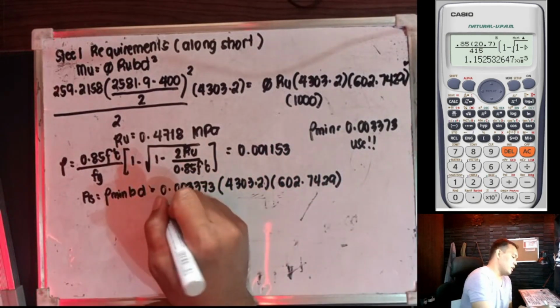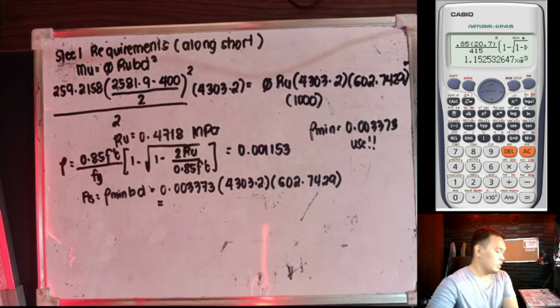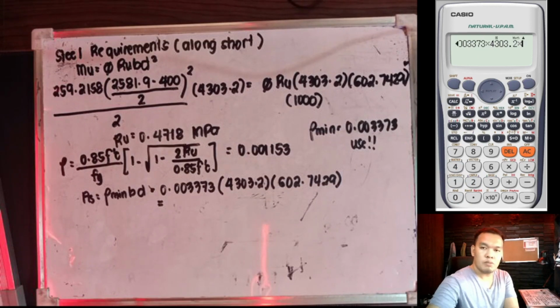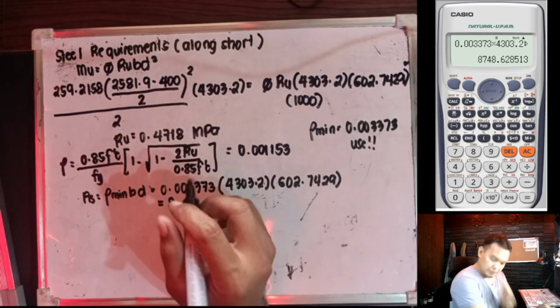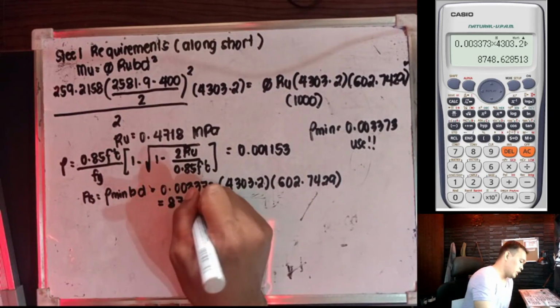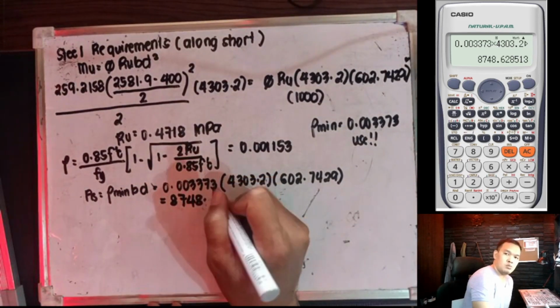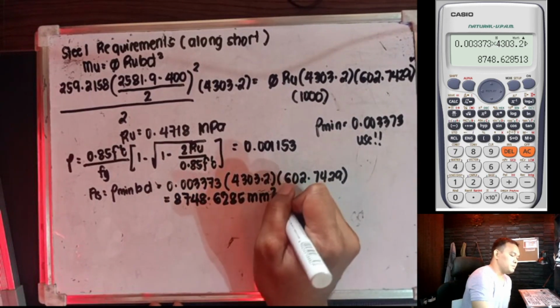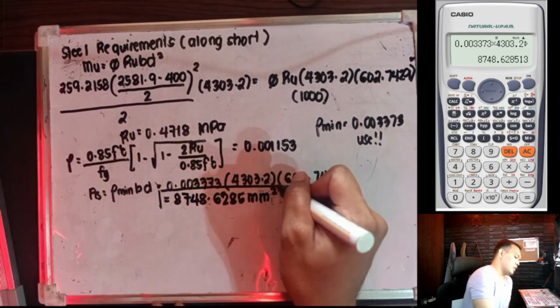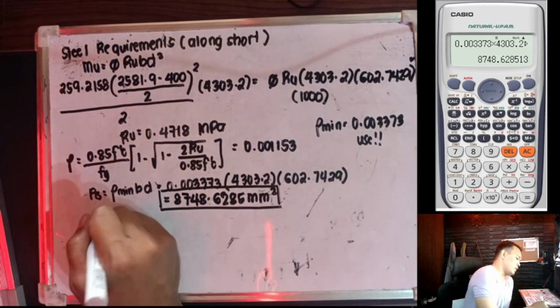So we could get the value of AS is equivalent kay 0.003373 multiplied by 4303.2 multiplied by 602.7429. So we have here 8,748.6285 mm squared.